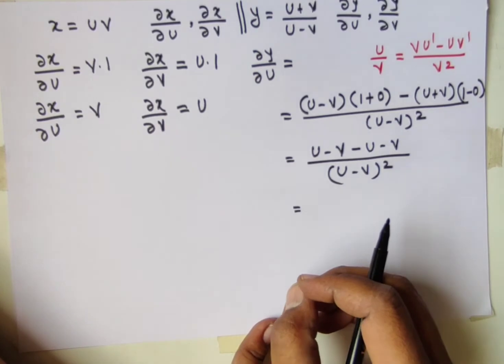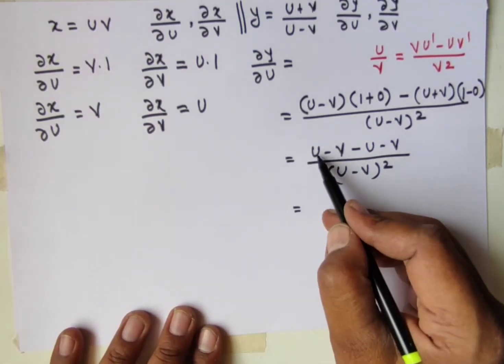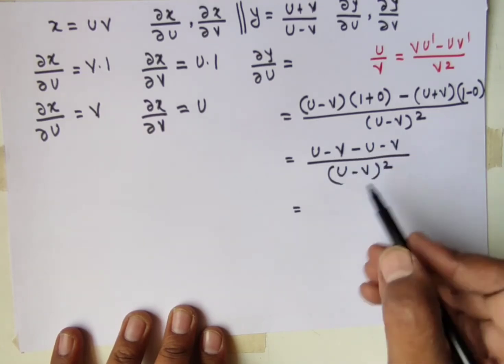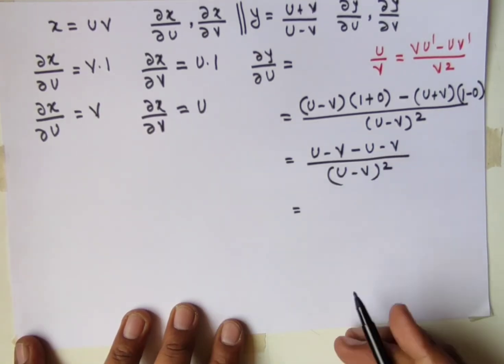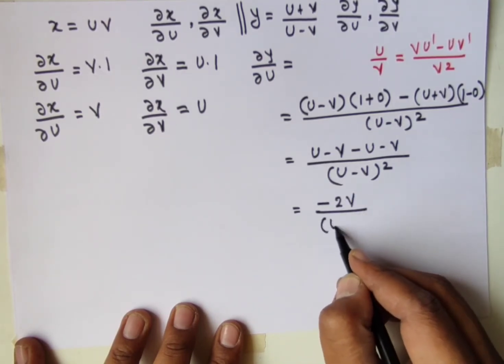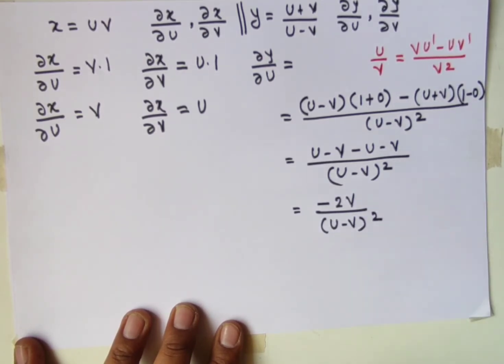By simplifying, we get (u minus v minus u minus v), u minus u becomes 0, so we get minus 2v upon (u minus v) the whole square.